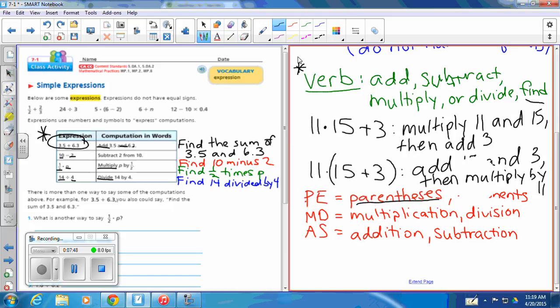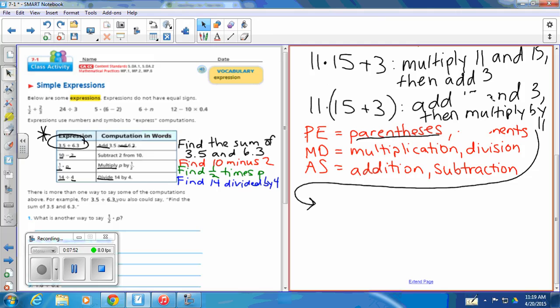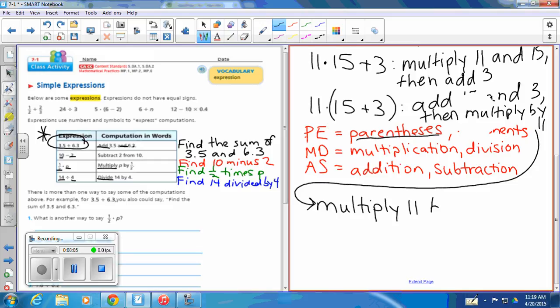Another way we can write that, I should have left myself more room. Let me come down here. Another way we could write that same thing is we could say multiply 11 by the sum of 15 and 3.